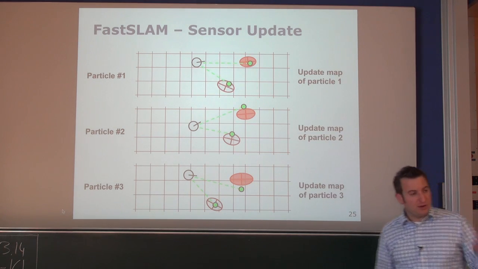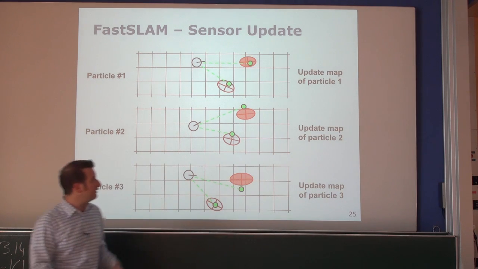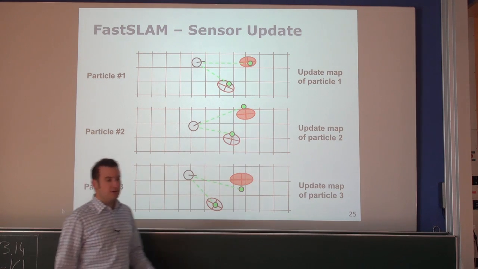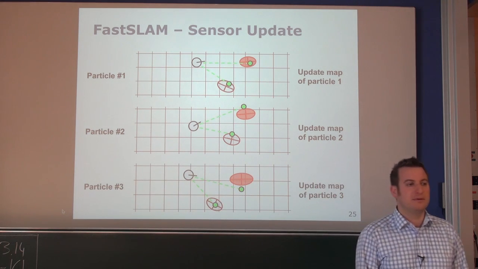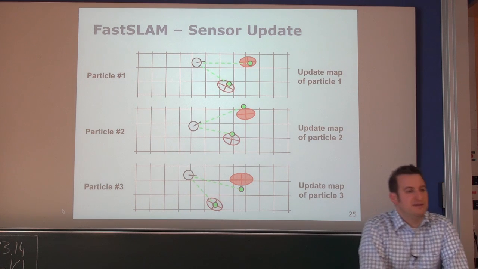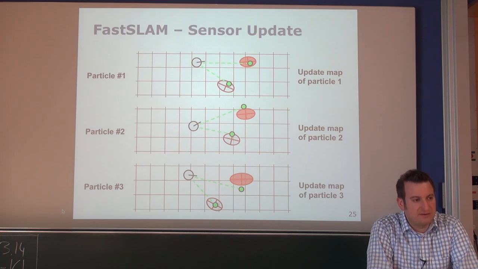I do a number of small, tiny EKF updates for every landmark individually, and then obtain a new belief for that system. Yes, please. Do I do that for every particle? This update of the whole map? Yes, exactly. Isn't that pretty expensive?